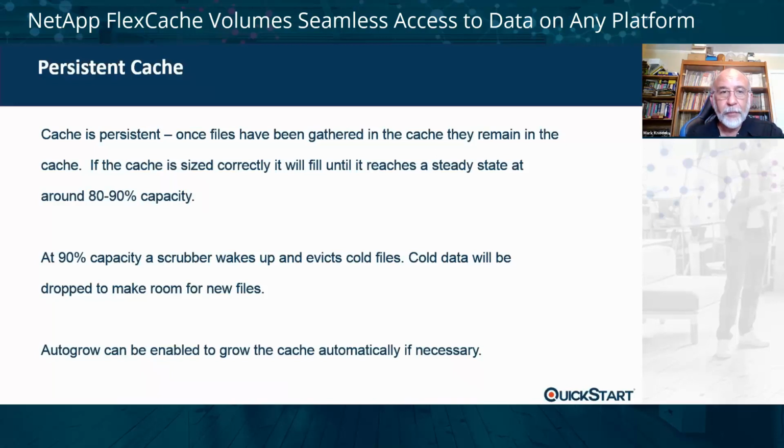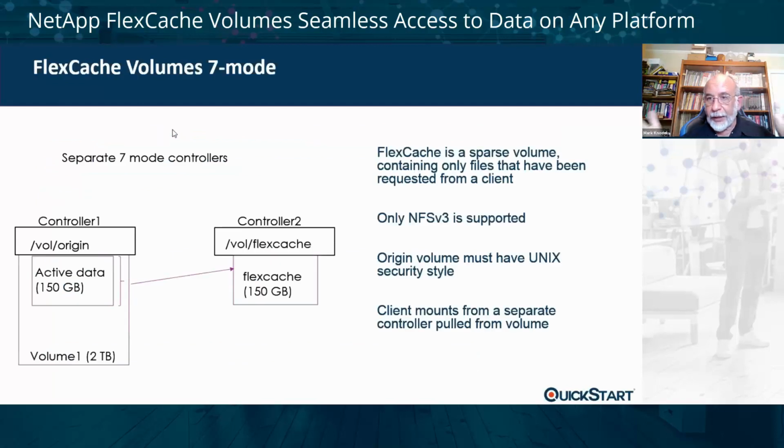This slide here kind of illustrates how that works. We have in 7-mode, this would have been a separate controller, and that controller has a volume. We'll just say, for example, that volume has 2 terabytes of data in it. But the active data is a much smaller subset.